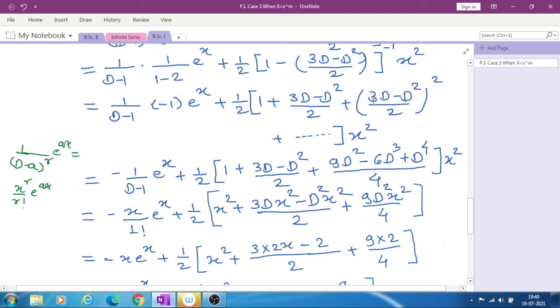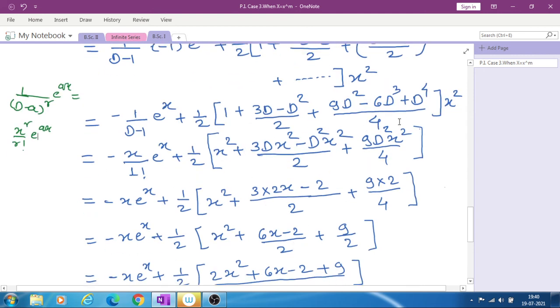So 2 into 3 is 6, d into d square is d cube. Therefore minus 6d cube, plus the square of the second term, which is d square, squared is d raised to 4. And in the denominator, 2 squared is 4. This is numerator squared and denominator squared is 4.